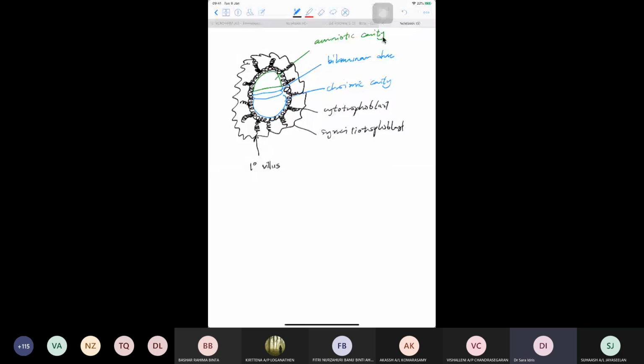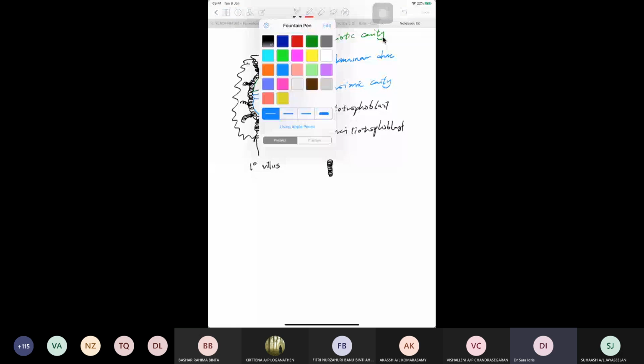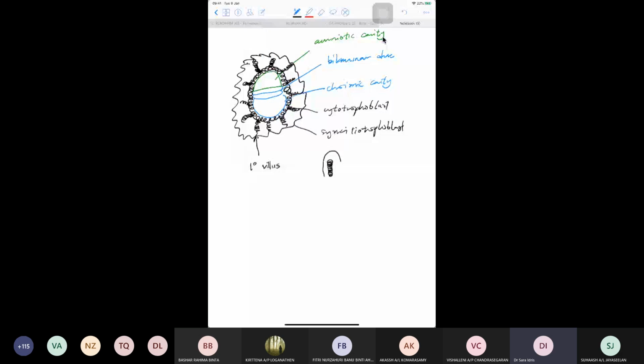So primary villus will be a core of cytotrophoblast, and surrounding it will be the syncytiotrophoblasts. That's why it's known as primary villus. That's your cytotrophoblast, that's your syncytiotrophoblasts. So all of these villus will be surrounding the embryo.